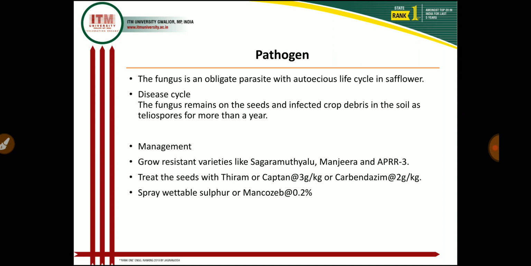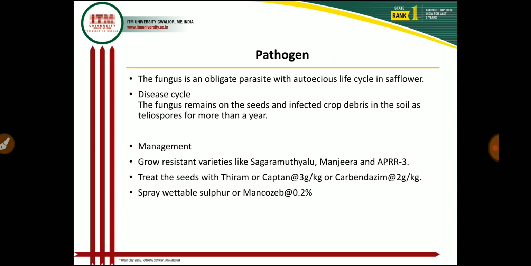So they complete their disease cycle on the host. Mainly the fungus is present on the seed as well as infected plant debris. So seed and infected plant debris serve as a primary source of the inoculum.